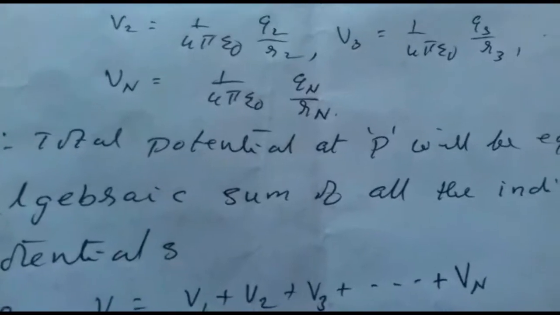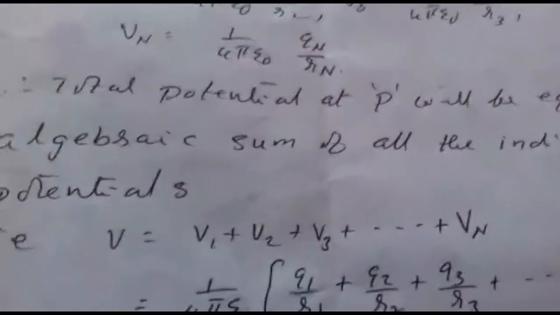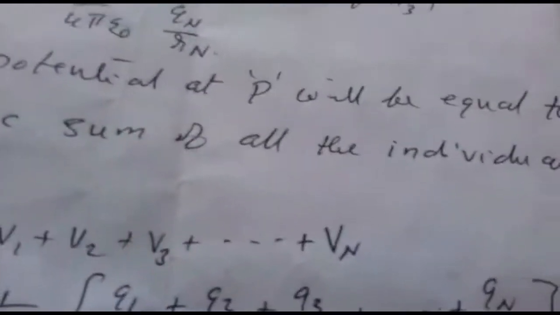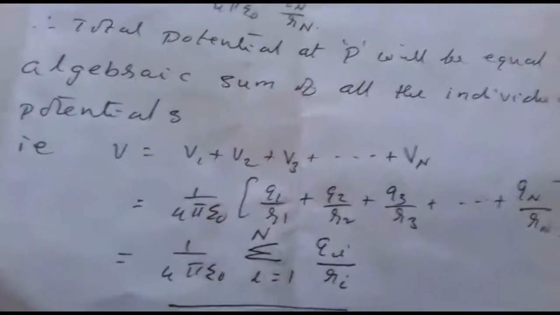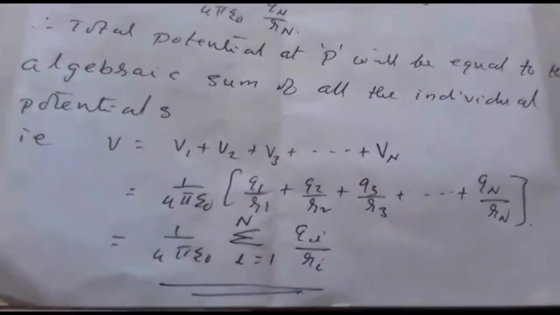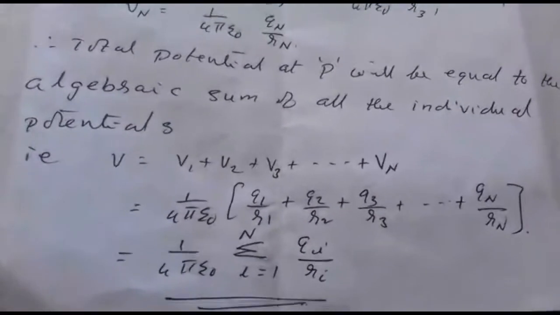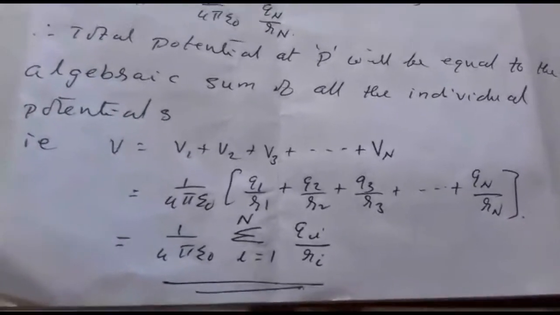Therefore, total potential at P will be equal to the algebraic sum of all the individual potentials, that is V is equal to V1 plus V2 plus V3 plus etc. plus Vn is equal to 1 by 4 pi epsilon 0, which is common, it is taken out.